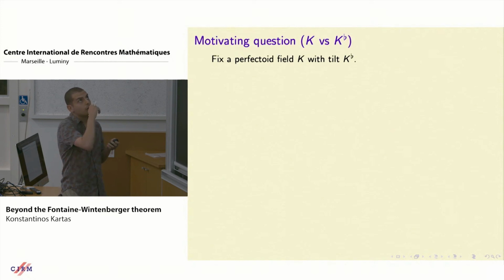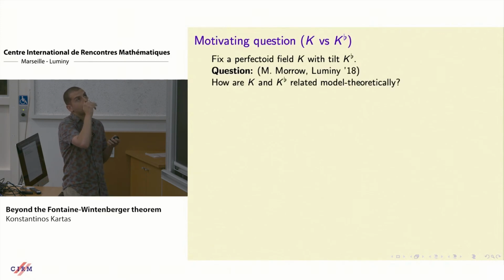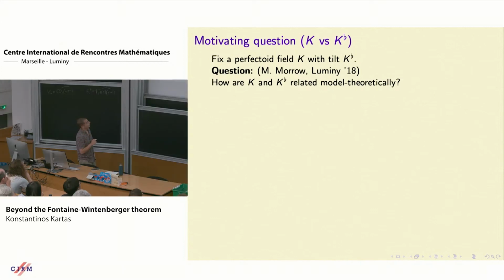So the motivating question. Five years ago, I think there was a meeting here, and there was a nice talk by Matthew Morrow that I watched on YouTube, but maybe most of you were present, actually.